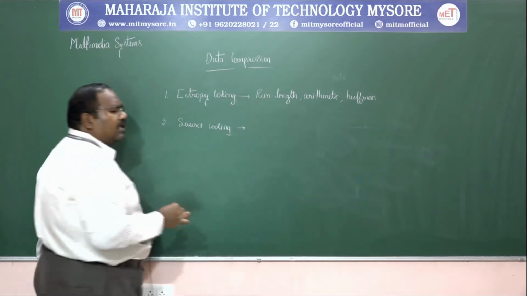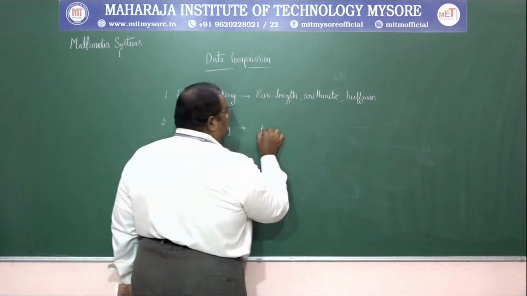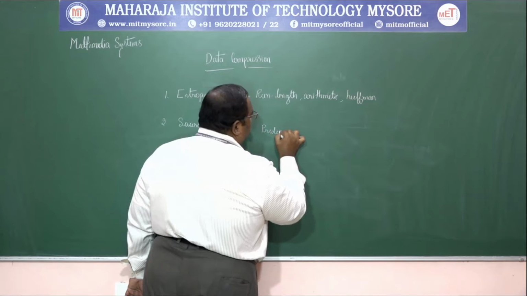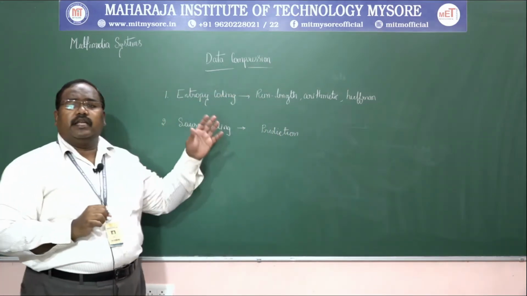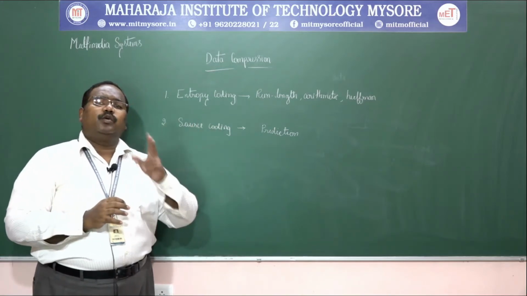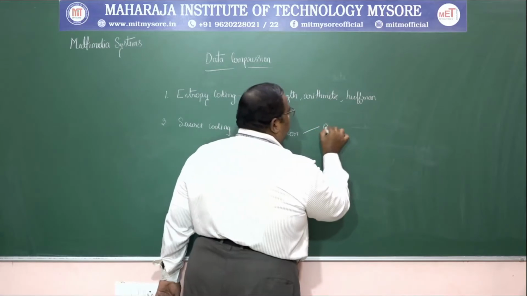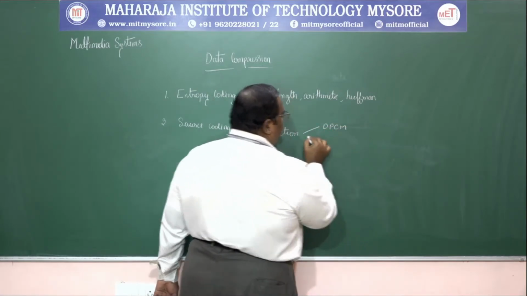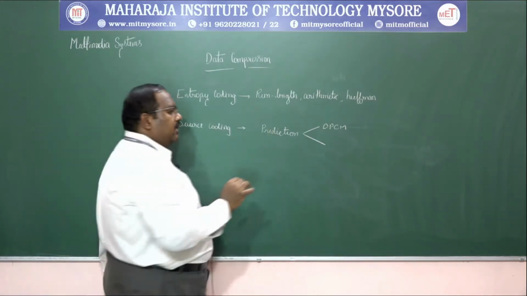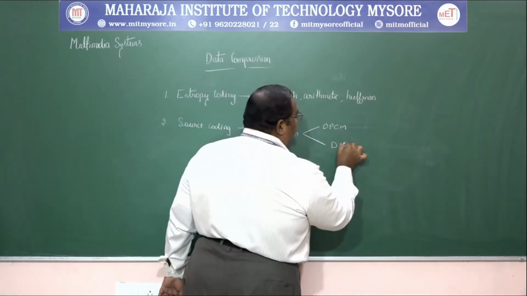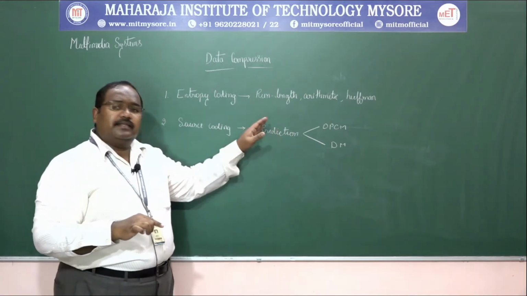Under source coding, there are numerous techniques. One is prediction. The first type of technique is prediction. Under prediction, two kinds of techniques are deployed. One is DPCM. So we'll study what those are in detail when we go into the topics. Next is DM. So the first basic technique is prediction.